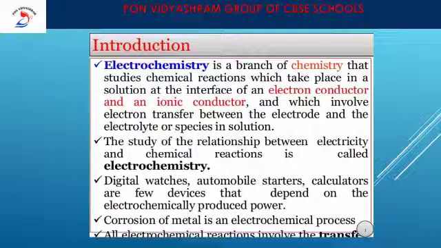So, the word electronic came from electron. We should understand how the electron is a driving force in this. Electricity also has electron. Electron comes from chemistry. So, there is a direct connection between electron and chemistry.